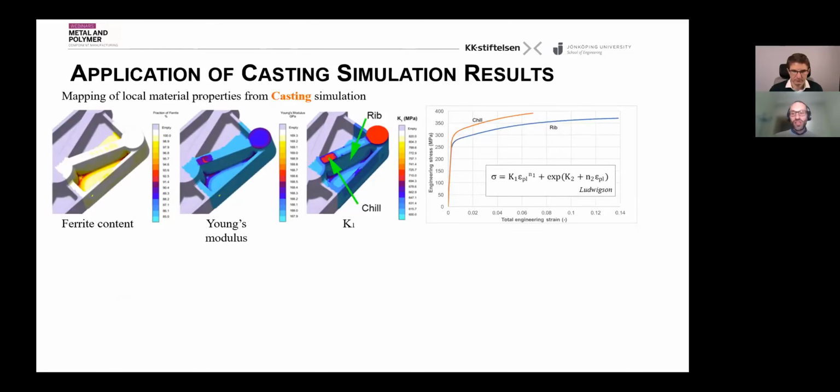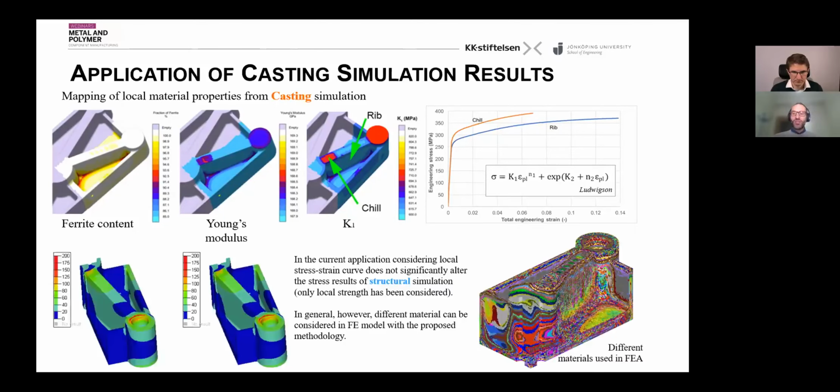So we changed locally the stress strain curve, applying the Ludwigson criteria. From the casting simulation, we mapped these laws that correlate the stress to the strain, and we mapped these on the component before the stress analysis.